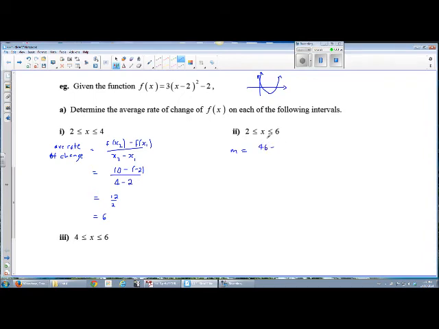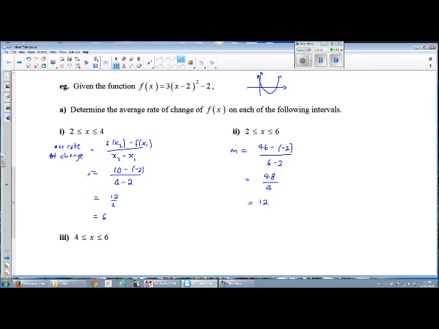And then substitute in 2 again. Same result as what we had before, so that's negative 2. And then we divide by 6 minus 2. So we get 48, because it's 46 minus negative 2, which is 48, divided by 4, which is 12.